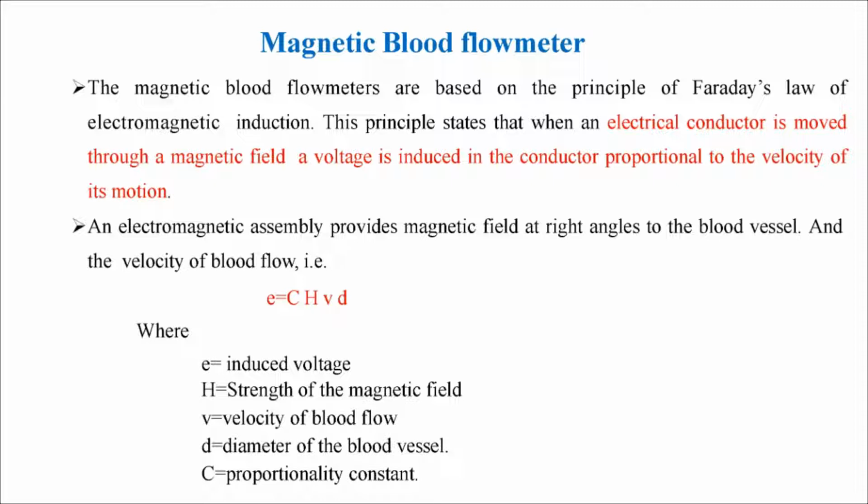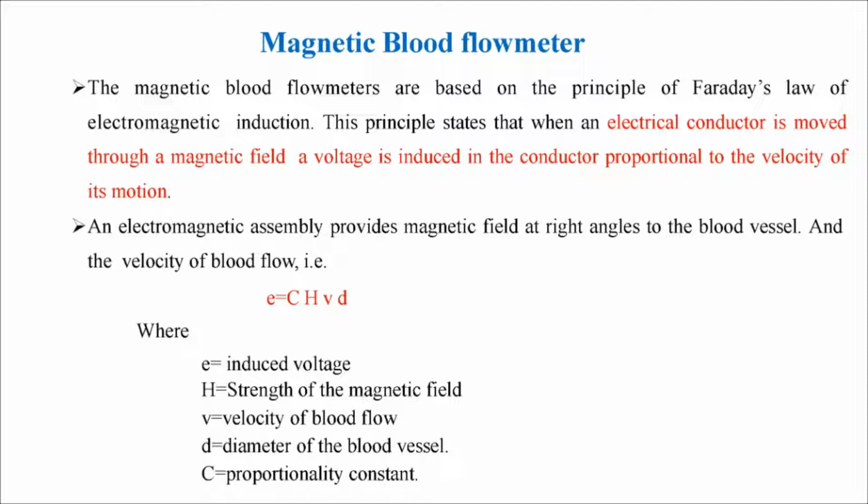The magnetic blood flow meter basically works upon Faraday's law of electromagnetic induction. Whenever a current carrying conductor is placed inside a magnetic field, it induces a voltage, and that voltage produced will be directly proportional to the velocity of its motion.